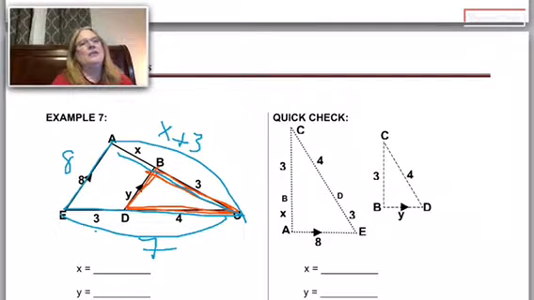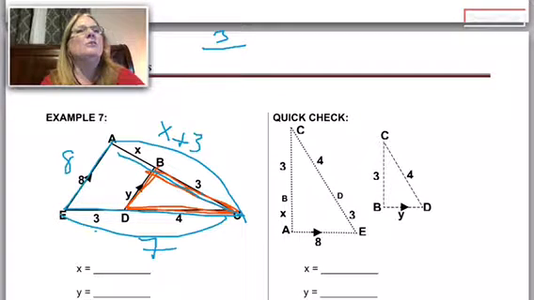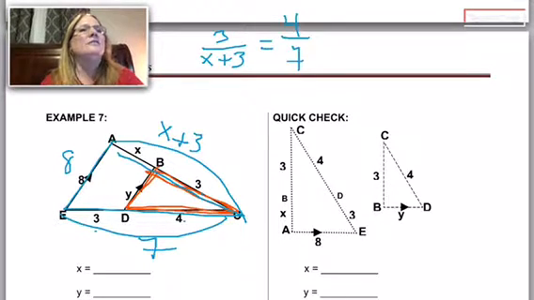So on this one here, I would probably use a proportion and not scale factor. So I'm going to take my 3, the measurement on my small triangle, and line it up with the corresponding measurement on my bigger triangle, which is x plus 3, and set that equal to 4 over 7.